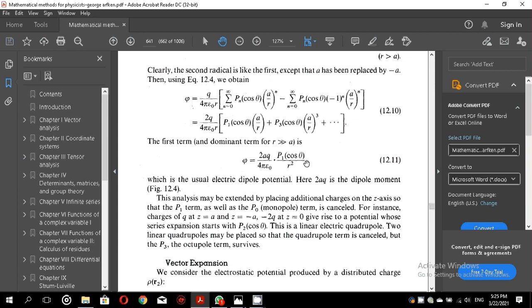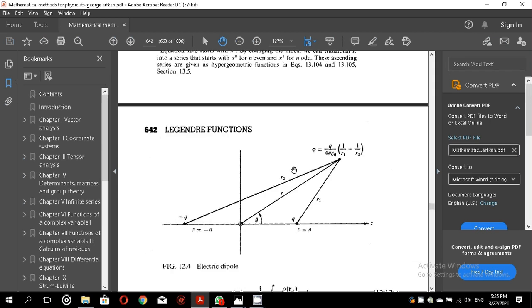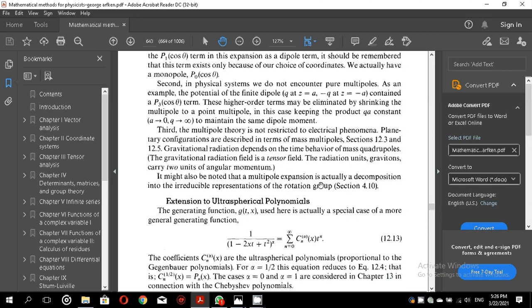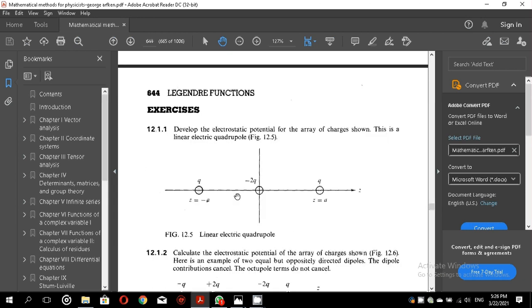Now we can further extend this result to a more complicated situation, in which we have, so this is the diagram which I mentioned before, and now let me move on to this combination of 4 charges.